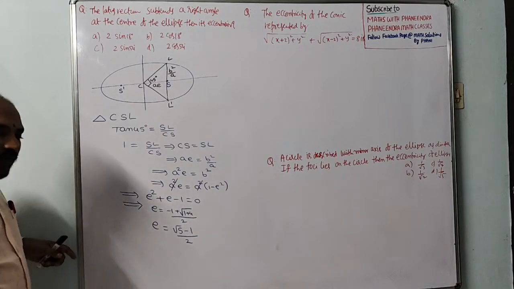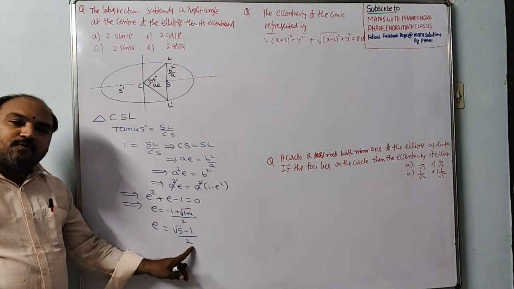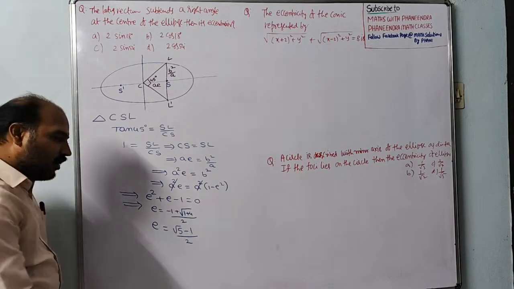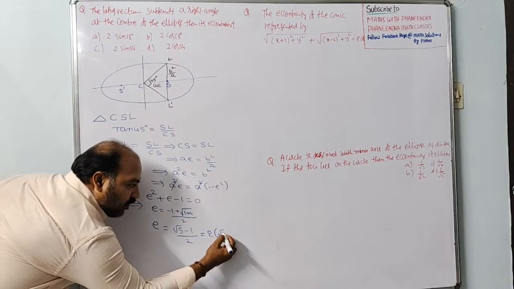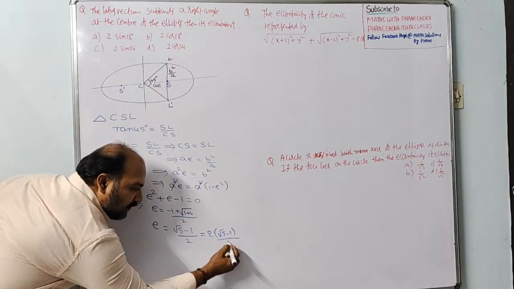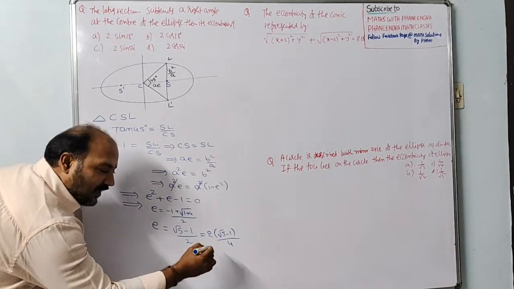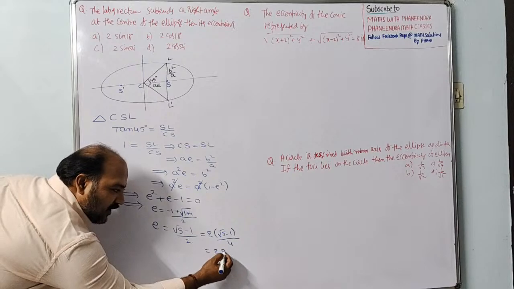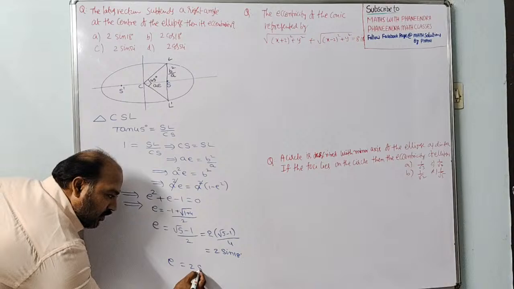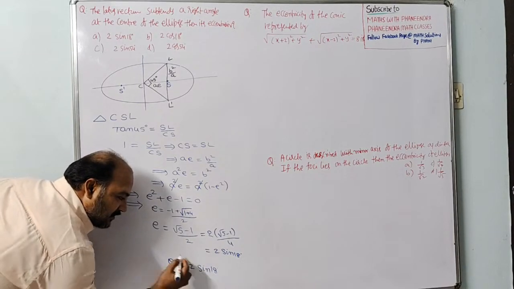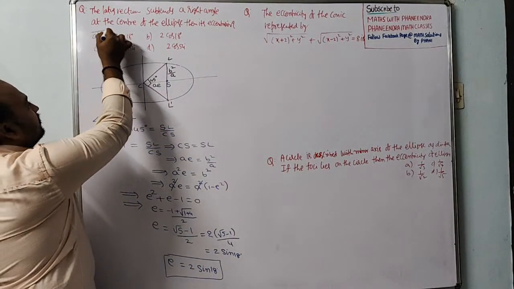We know that the value of root 5 minus 1 by 4 is there, no? That is for sin 18. So multiplying and dividing by 2, root 5 minus 1 divided by 4, the value cannot be changed, but this bracket value is equal to sin 18, so it is equal to 2 sin 18. Therefore eccentricity e equal to 2 sin 18 degrees. It is there in the first option, dear students.